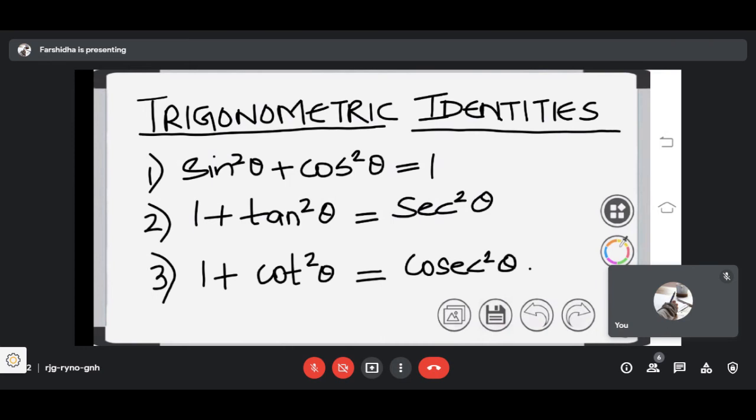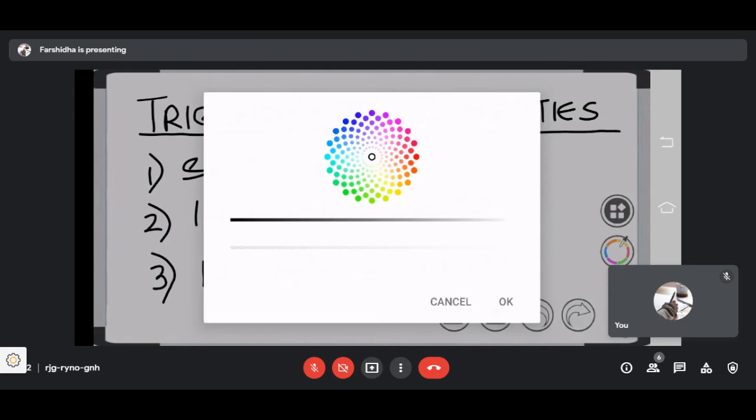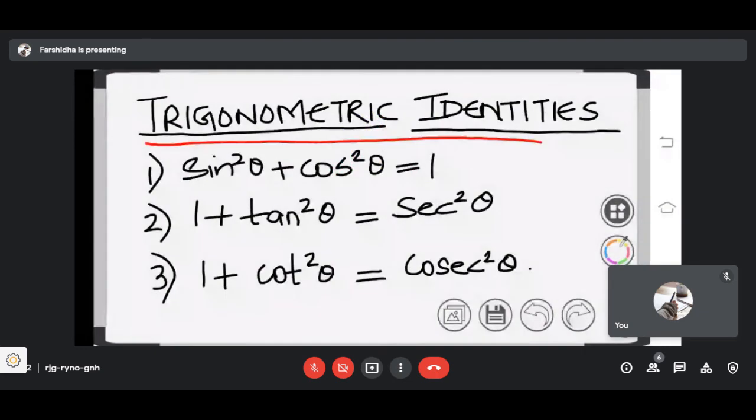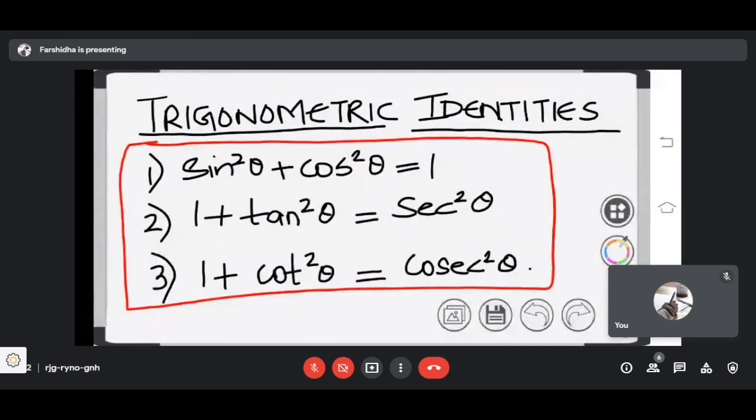So the first identity is sine square theta plus cos square theta is equal to 1. Second one, 1 plus tan square theta is equal to sec square theta. Third one, 1 plus cot square theta is equal to cosec square theta. So you need to bookmark these three identities.